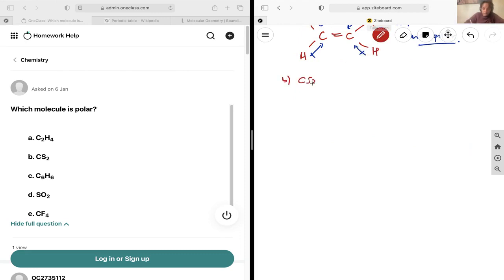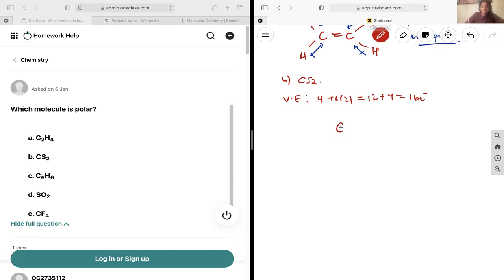We have CS2. If you want to check out our valence electrons, that would be 4 plus 6 times 2. So 12 plus 4, so 16 electrons to play with.